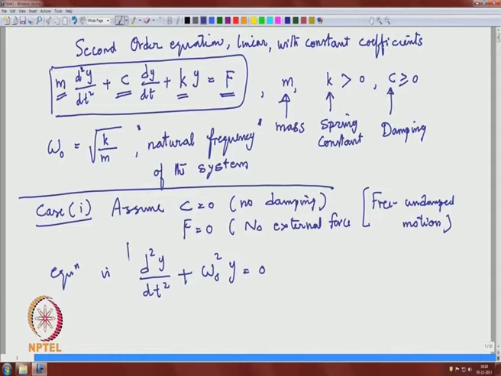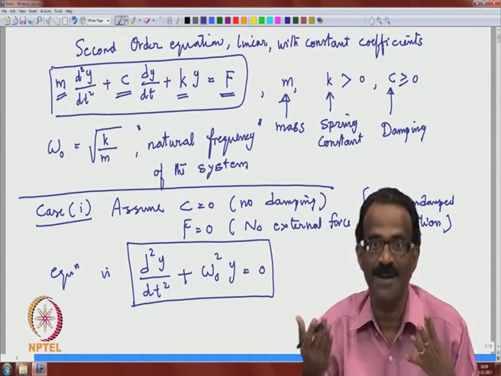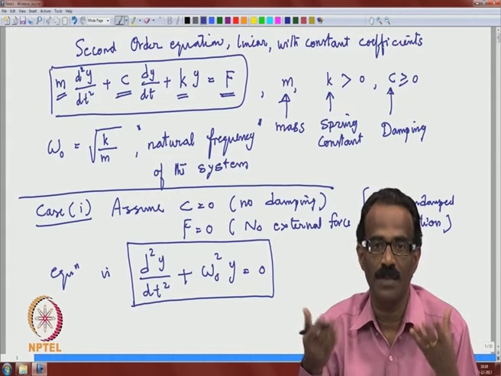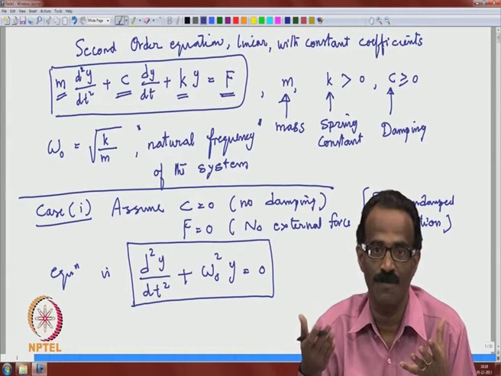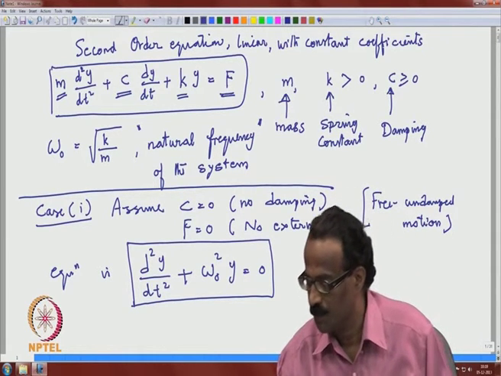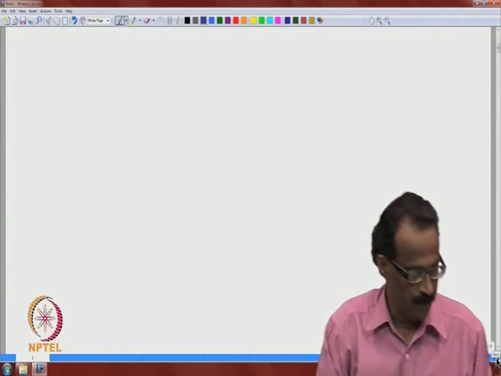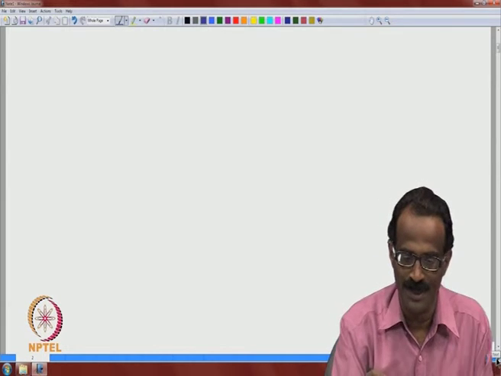This is a simple harmonic type motion, a nice equation. There is no external force, no damping. Then Newton's first law of motion should be obeyed. Let us see if we can interpret that equation. Let me write down the solution.